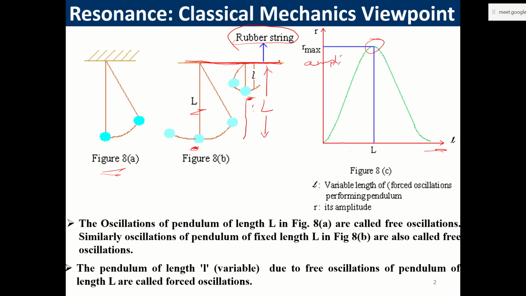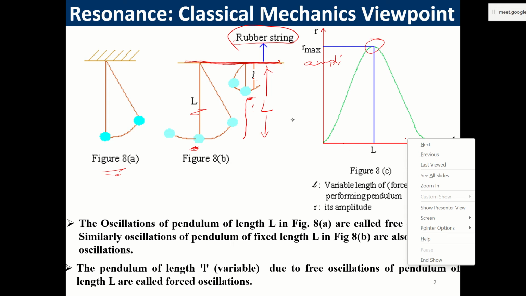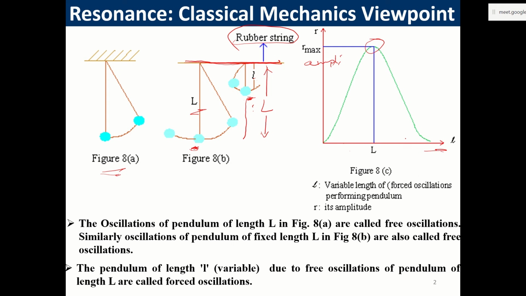When the length is small or higher than the capital L, the amplitude of the pendulum is less. That means the energy transfer is to a lesser extent. But when the length is equal, you see maximum amplitude.